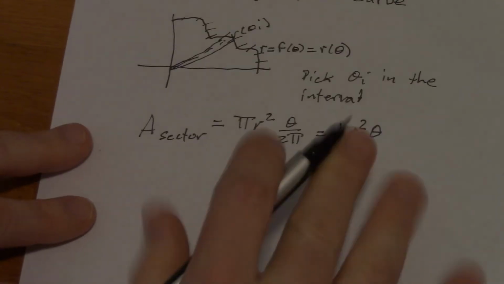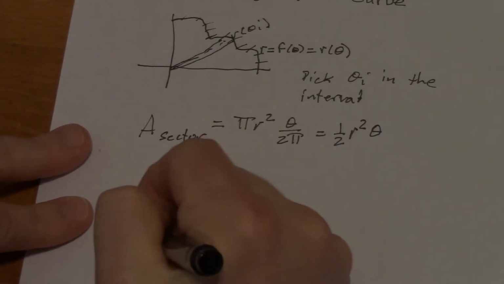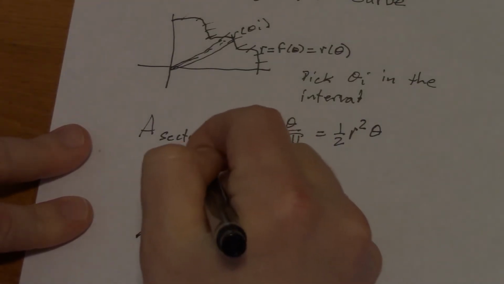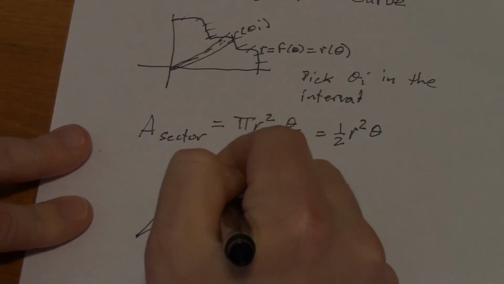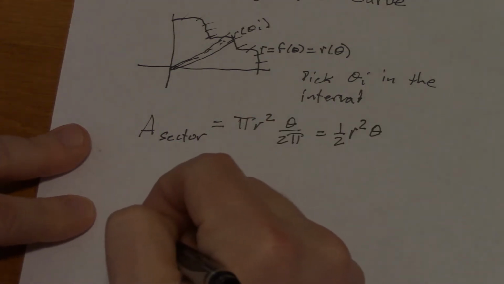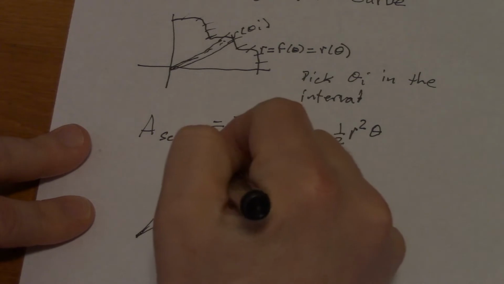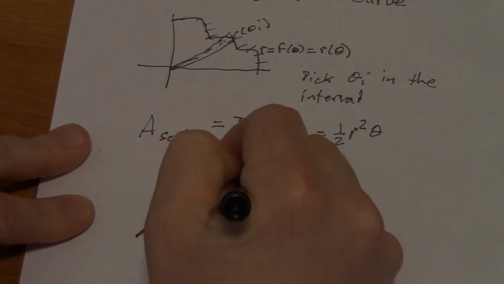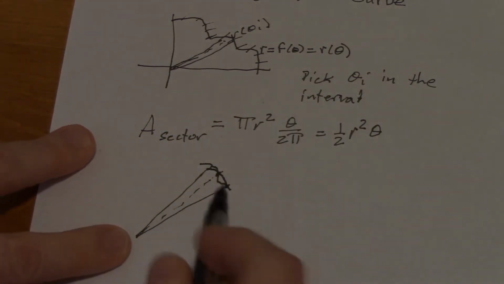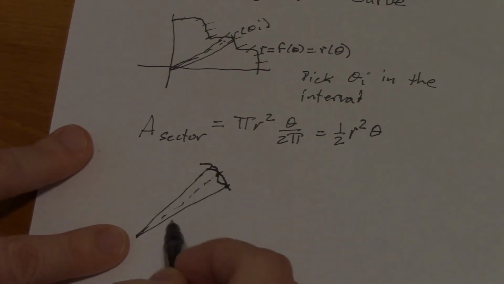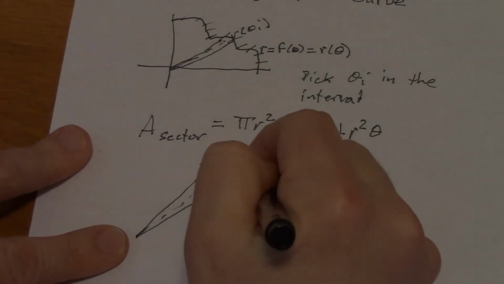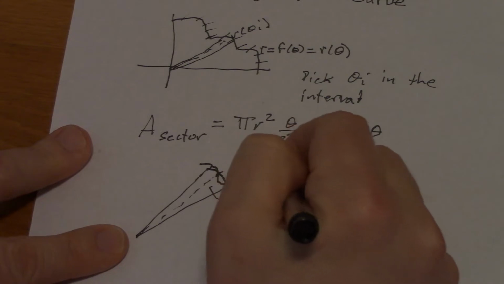Okay, so if I look at this ith slice, and I'm going to try to draw it slightly irregular, if I'm picking my r of theta to be this right here, basically I'm approximating the area of that little piece by the area of the circle whose radius is r of theta i.